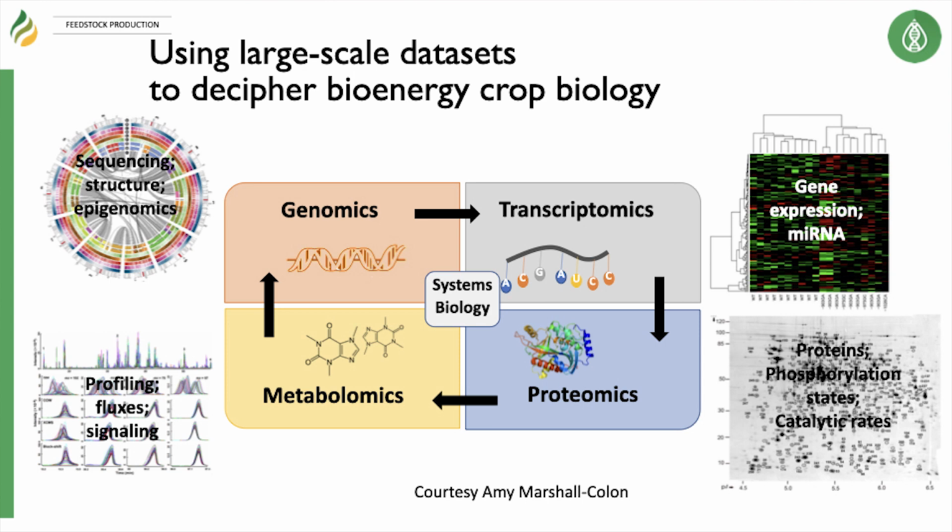I have this nice slide from Amy Marshall-Colon that shows the interactions between understanding the genomes, understanding how the genes within the genomes are turned on and turned off, the protein products that they create and how they interact with each other, and then finally how the whole cycle produces the cellular phenomena that are going to contribute to the organismal phenomena that we're then going to break down and destroy and make fuels.